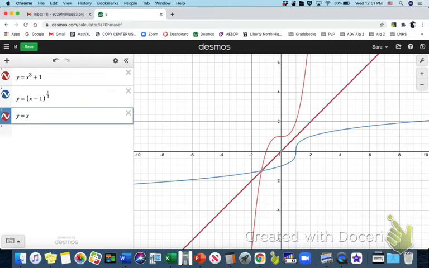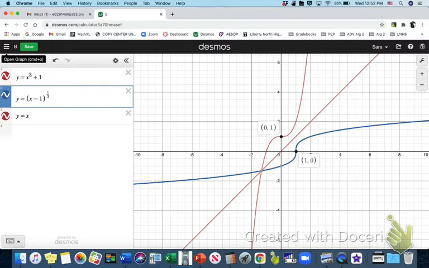Literally we have the point (0, 1) on our cubic function, and that means we will have the inverse point (1, 0) on our cube root function. It's just a property of inverses that they have points where the x and the y values interchange.